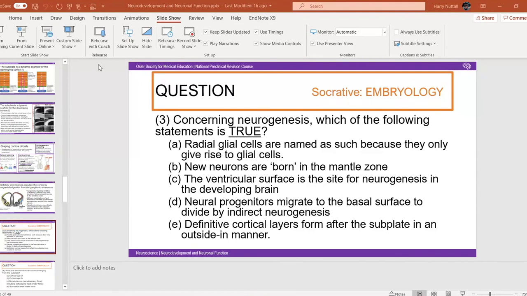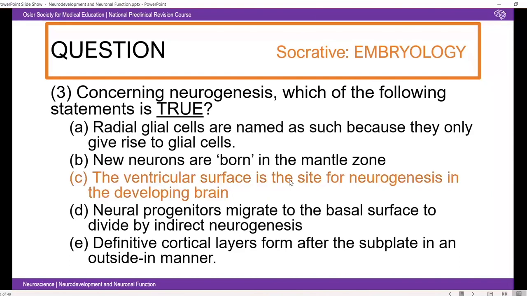All right, we've got 6. I'm going to show you the results here. So yeah, absolutely smashed that one. 86% getting the correct answer that the ventricular surface is the site for neurogenesis in the developing brain.